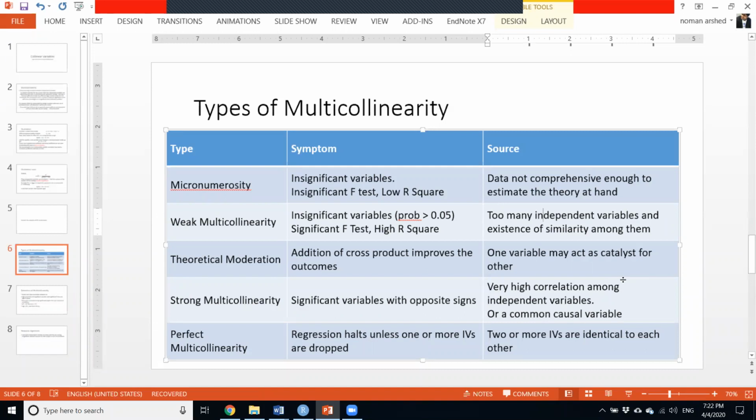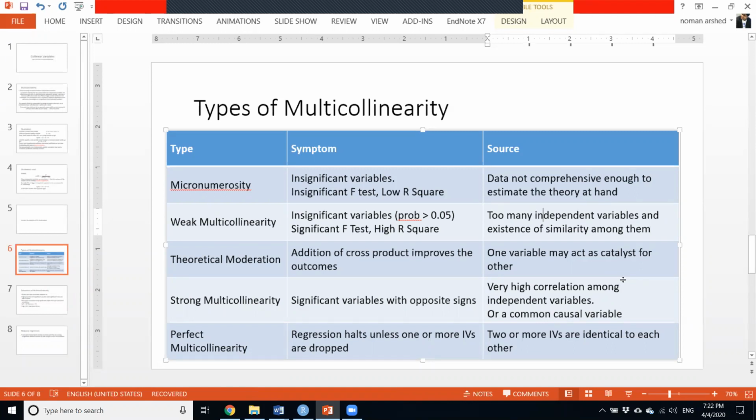So if the cross product solves the problem, it means there is theoretical moderation. And what is the source? The source is that your independent variables are maybe catalysts of each other. They are influencing the way other variables are actually affecting. So they are theoretically catalysts. We will cover it later.